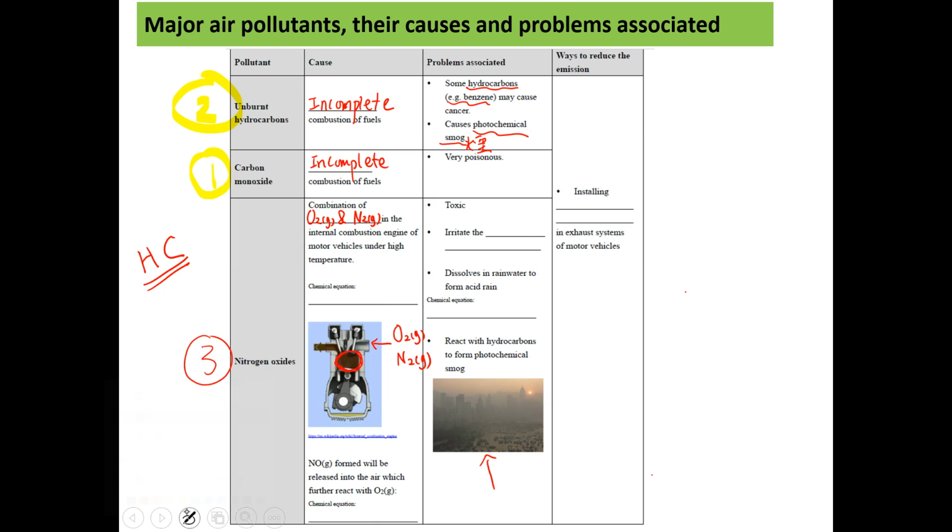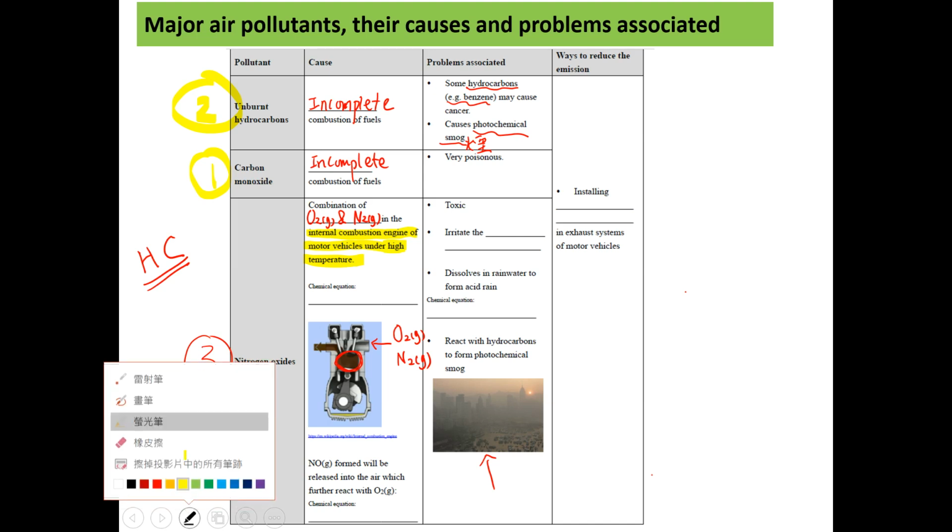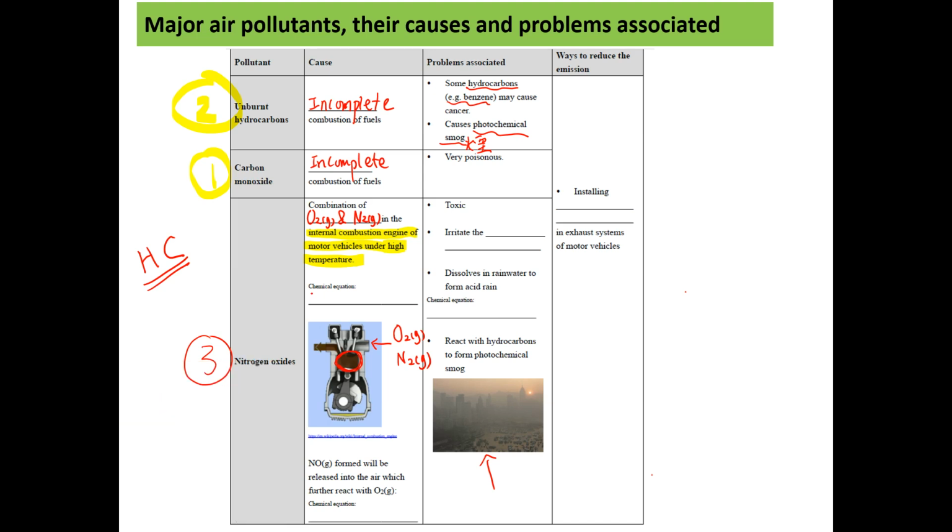Now, very important, can you take your highlight pen? It should be under high temperature. So under high temperature, oxygen and nitrogen will combine and become nitrogen monoxide.